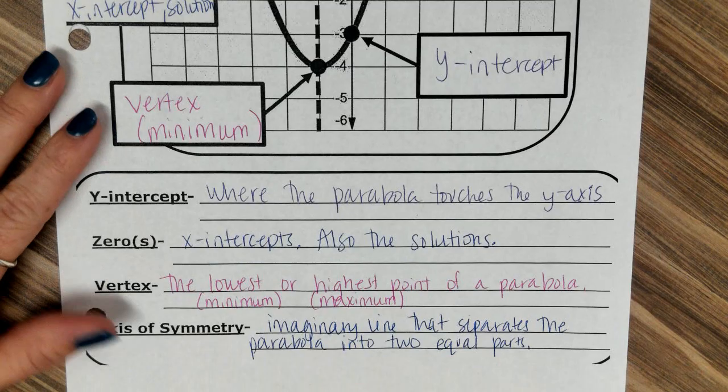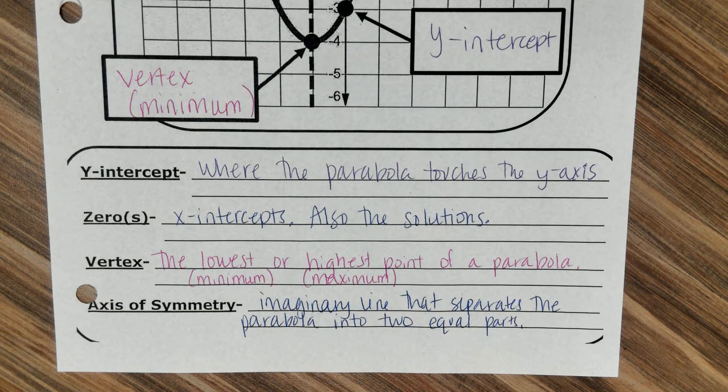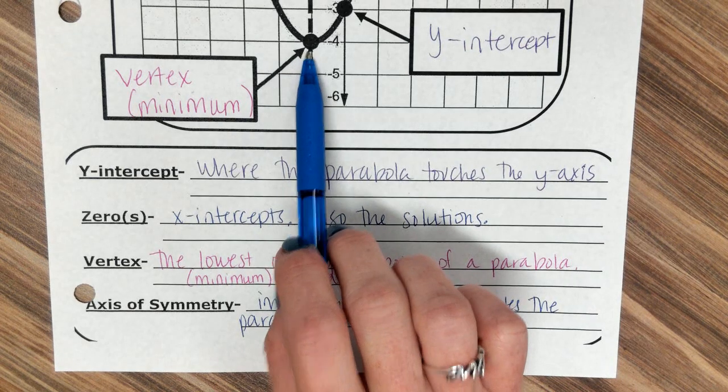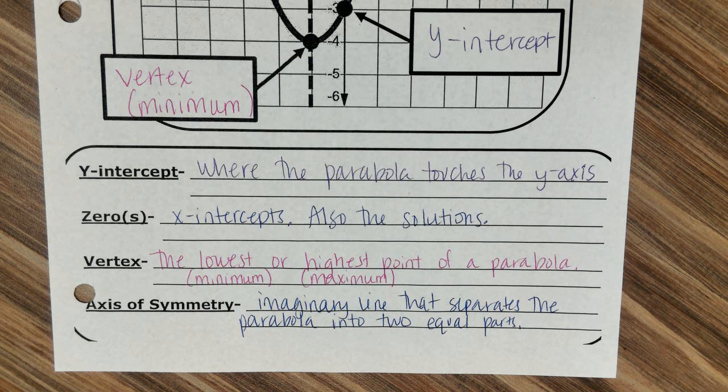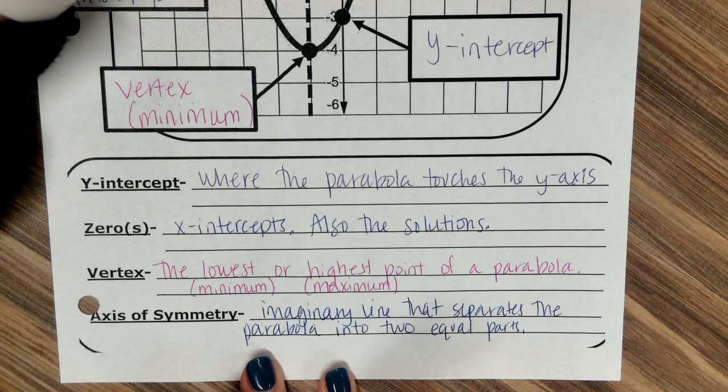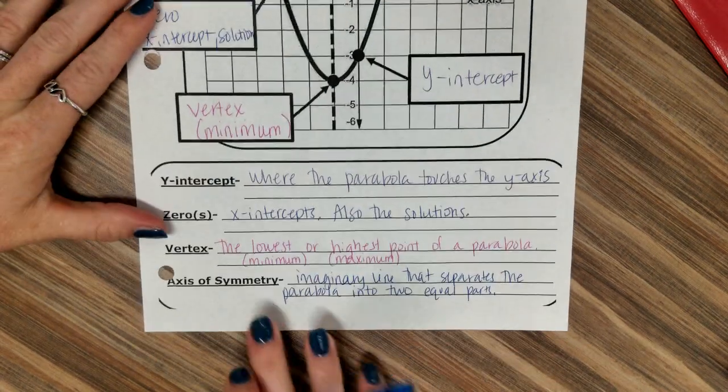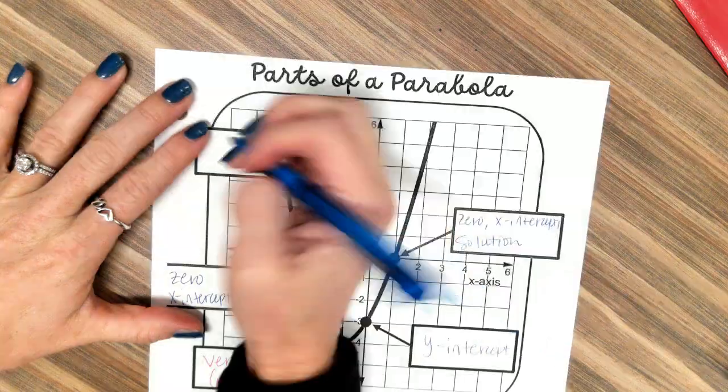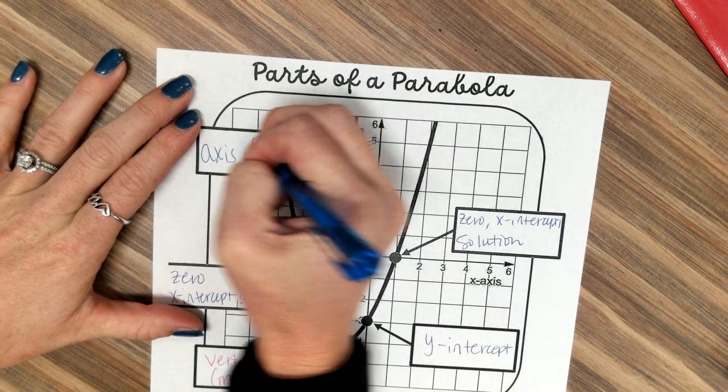And it always passes through the vertex. So notice on this one, the axis of symmetry is passing through that vertex right there. Okay, so if you would go label right up here. Do y'all got all that already? Are we good? Okay. This is your axis of symmetry.